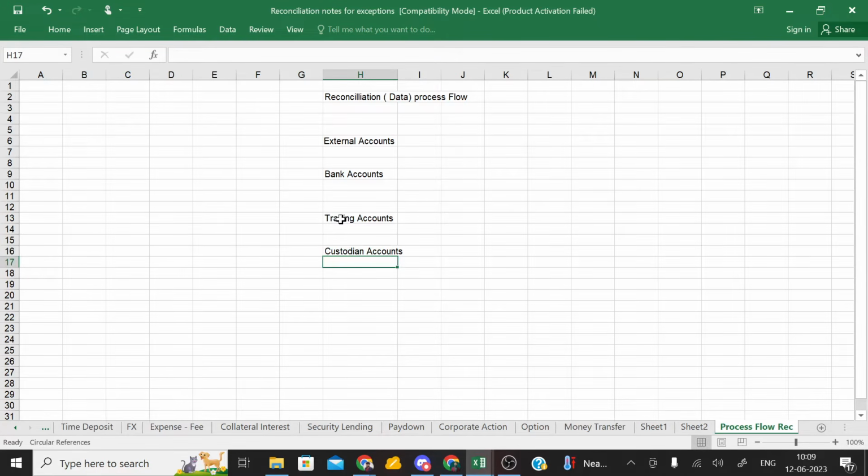Bank accounts, trading accounts, and custodian accounts.